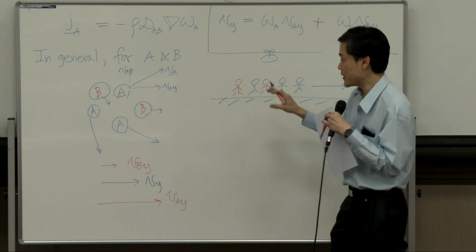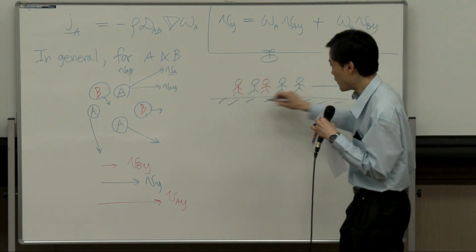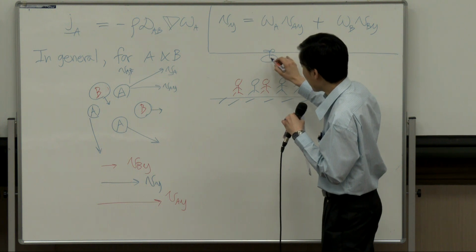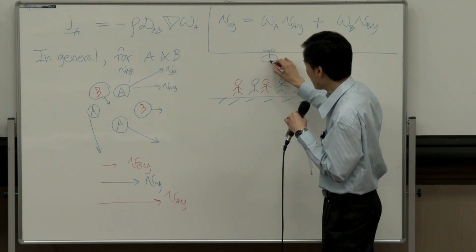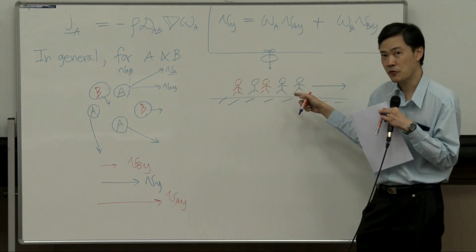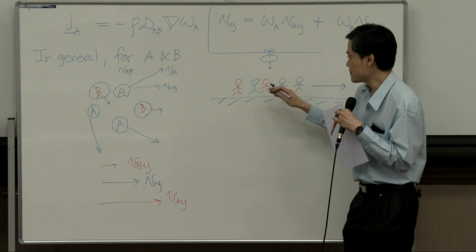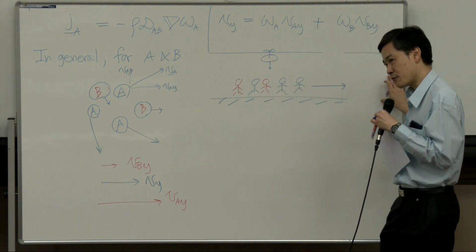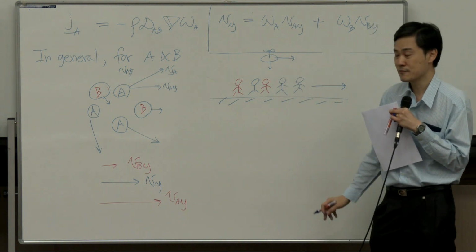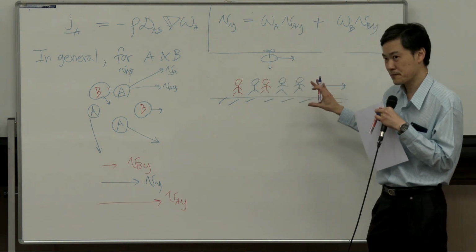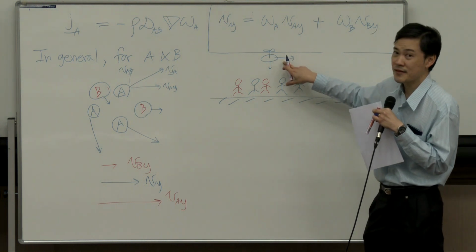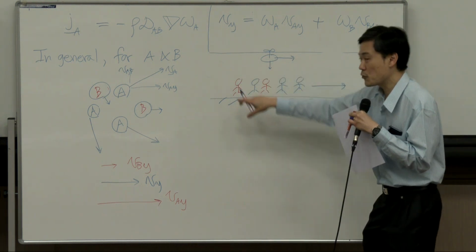If I want to keep track of the whole group as a whole, I'm going to position my drone exactly at the middle part of this group. Of course, the group is moving to the right-hand side. My drone has to travel as well to keep track of the group, right? The speed of this drone is the speed of the whole group.